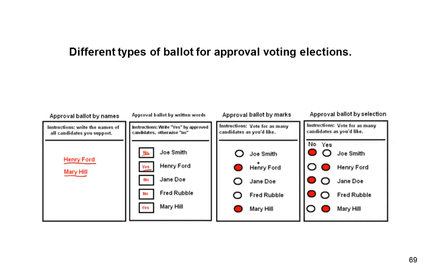You may ask the voter to just mark all approved candidates in such a way, or to mark all approved candidates here and disapproved candidates there. So, different types of ballots lead to different results of elections. There are some ballot-specific effects because some ballots are more difficult to use. For instance, this one. I would choose this particular ballot. It is the easiest, the simplest to use.